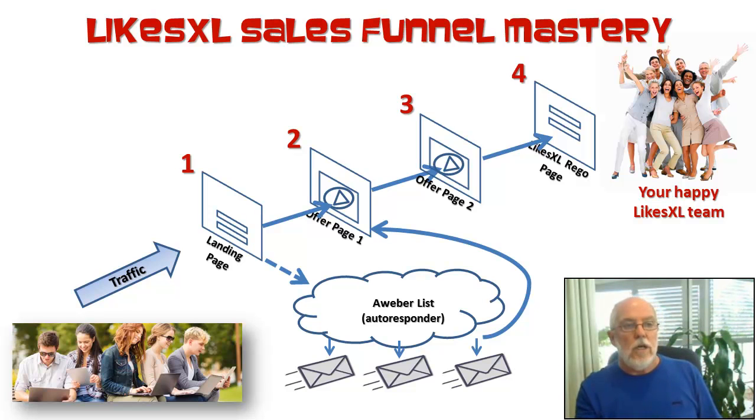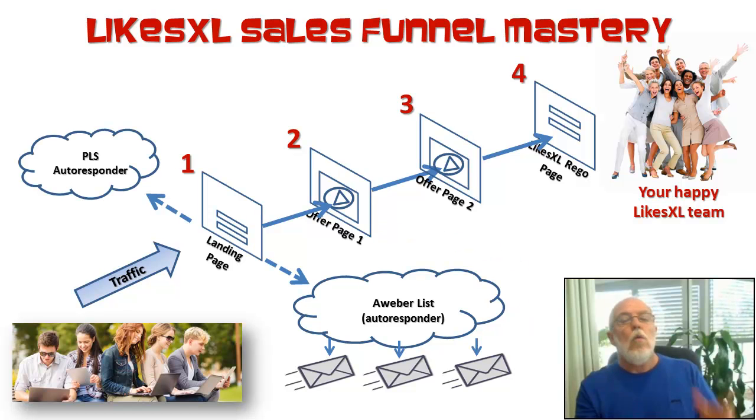Okay, so that's that. One more thing just to cover. We're using, and I prefer to use, the Aweber autoresponder to look after my list, to look after my subscribers, their name and email address, and allow me to automatically send out emails. Now, it turns out the Power Lead System, PLS, already has an autoresponder inbuilt.